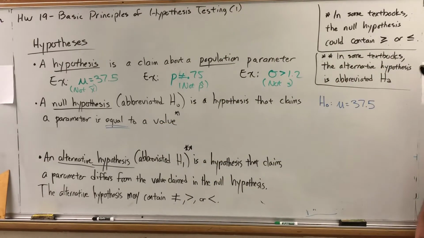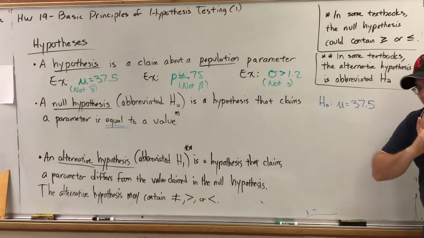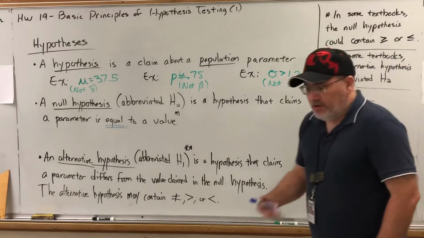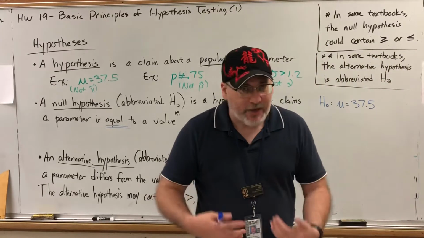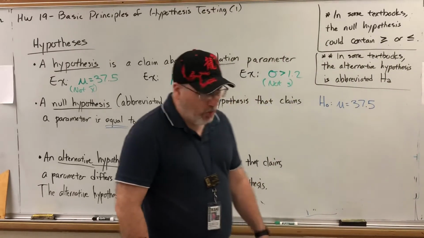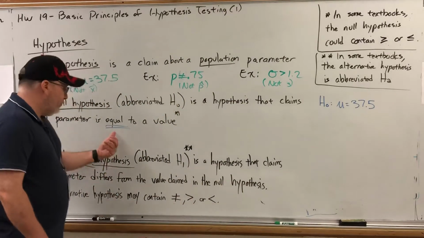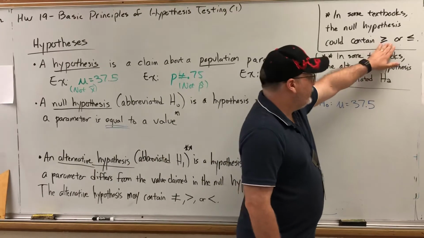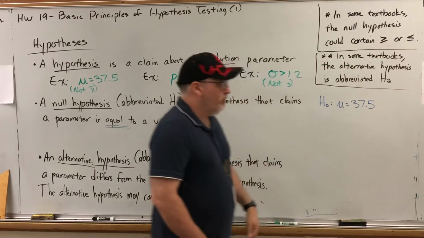Many books, in fact most books, allow it to say greater than or equal to, or less than or equal to. But the consistent thing across all statistics books is that the null hypothesis always allows for the possibility of being equal. In our book, it will strictly be equal, but in other books, it could be greater than or equal to, or less than or equal to.